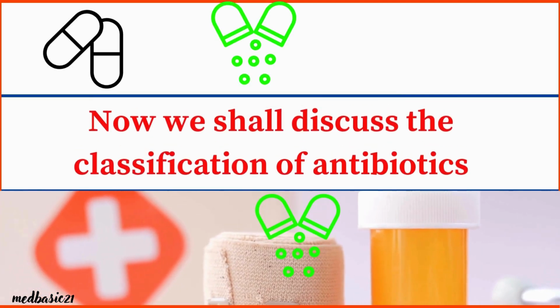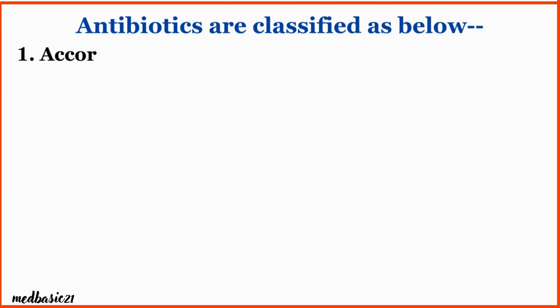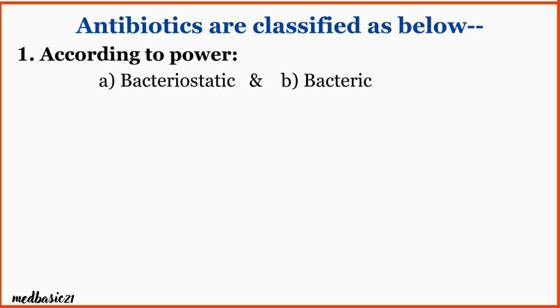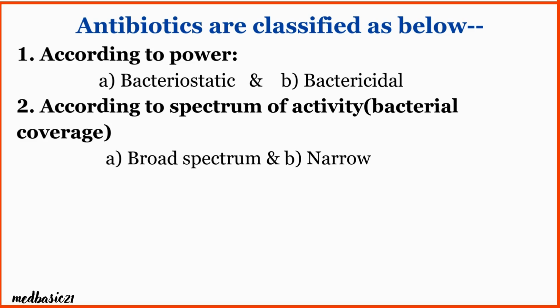Now we shall discuss the classification of antibiotics. Antibiotics are classified as below, according to power: 1. Bacteriostatic and bactericidal. 2. According to spectrum of activity, bacterial coverage, broad spectrum and narrow spectrum. 3.